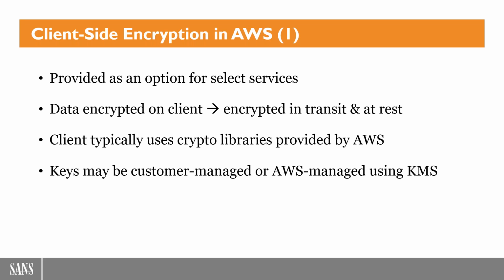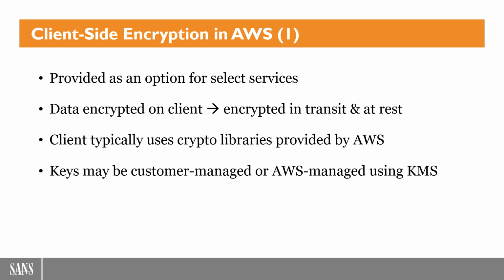What I mean when I am talking about provided as an option for select services by AWS, is there are certain services, such as Dynamo and such as S3, that will actually have mechanisms for supporting client-side encryption, and will actually provide you the means to do that. But it's not widely available as an AWS provided option.